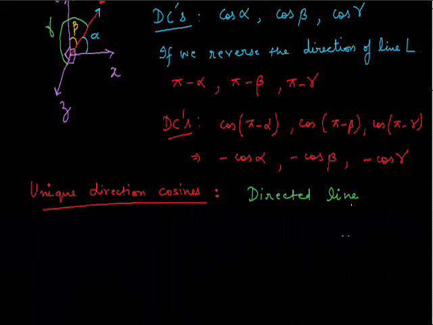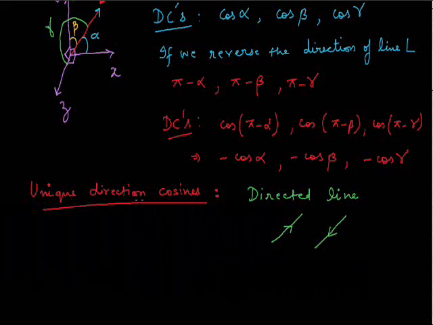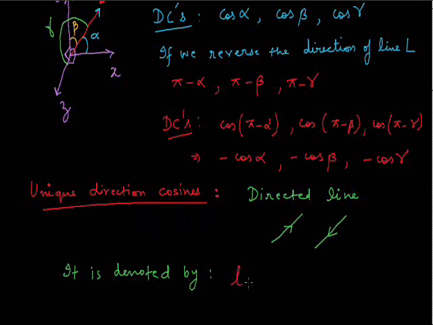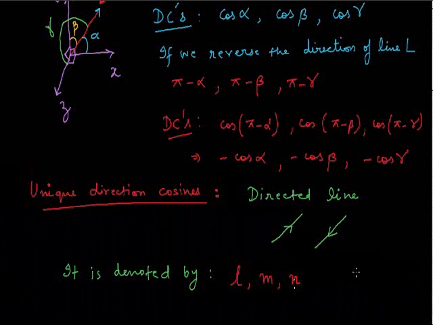If I assign this direction to this particular line or this direction to that line, then it becomes a directed line. So if we have a directed line, then we have unique direction cosines, and unique direction cosines are denoted by small l, small m, and small n in the following chapter.